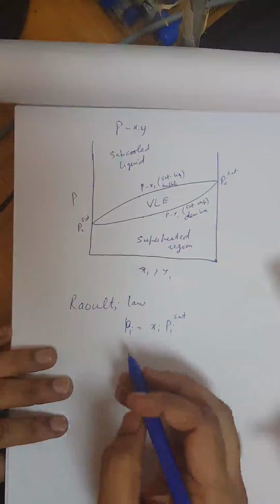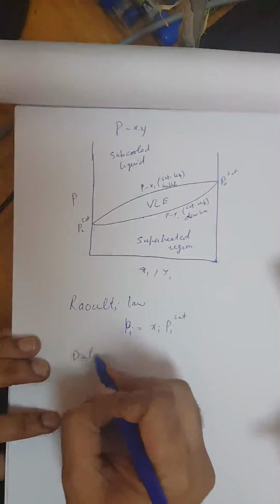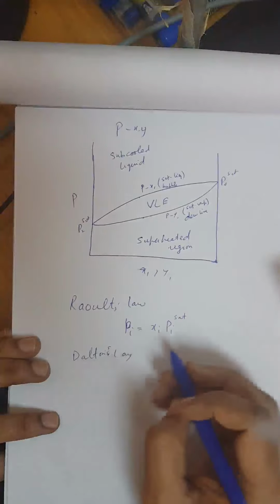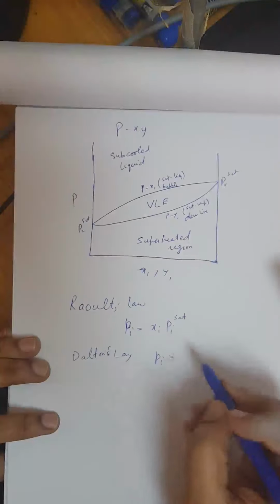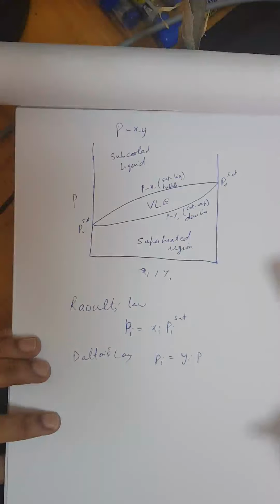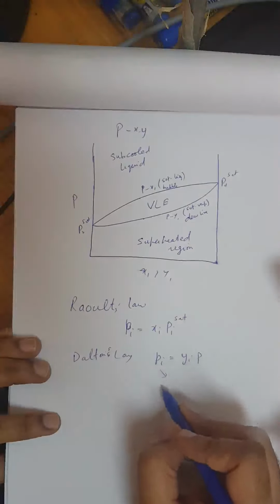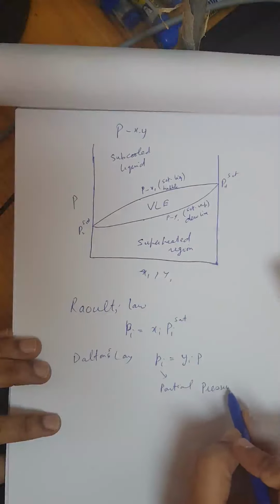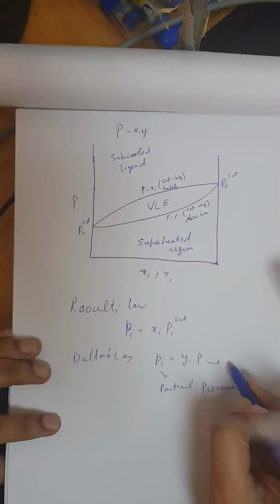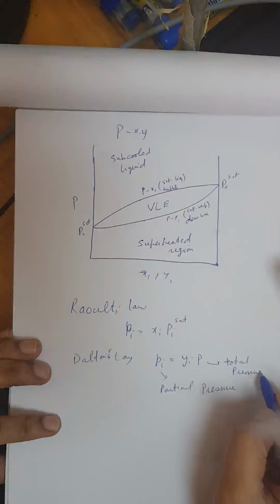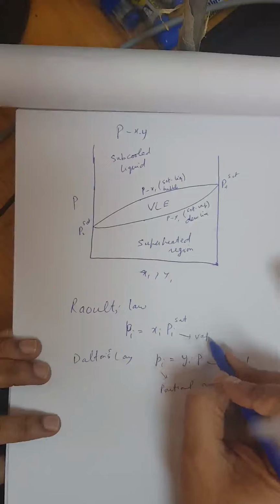Okay, so what is Dalton's law? Dalton's law is pi is equal to yi times total pressure P. So this is the partial pressure, this is the total pressure, this is the vapor pressure.